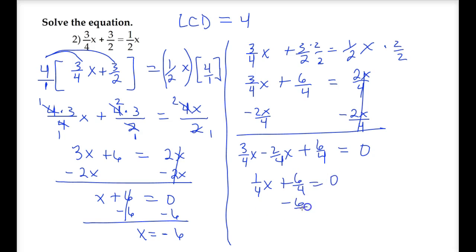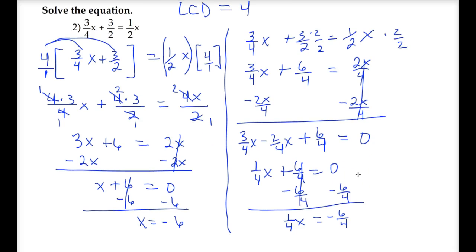And then from here, we can subtract 6/4 from both sides. That cancels to 0. And we have 1/4 x equals minus 6 over 4. And then, of course, from here, we could finish out by just saying that we can multiply both sides by 4 here.